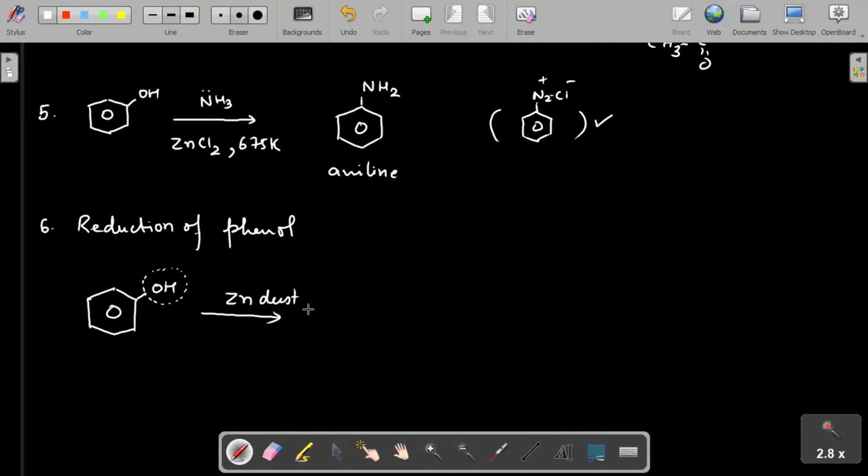Usually it is written as zinc dust or zinc powder because it increases the surface area for the reaction. You can write zinc dust or zinc powder and heating. So when phenol is heated with zinc dust, we get benzene. Again, a very nice important reaction, because these are very nice examples which we have to remember for conversion. Benzene is again a very important raw material for making so many other organic compounds.